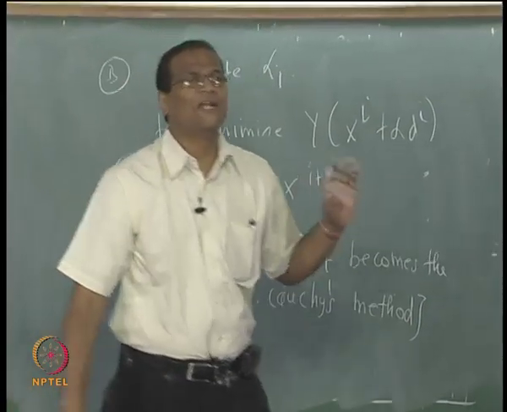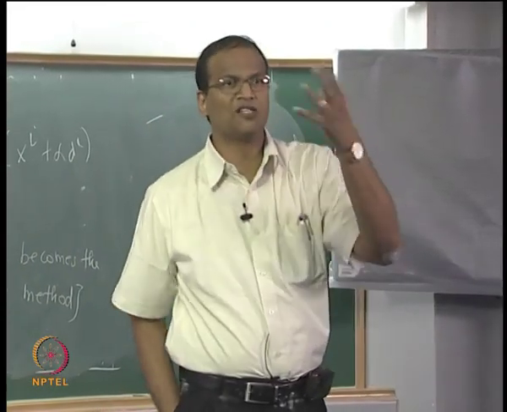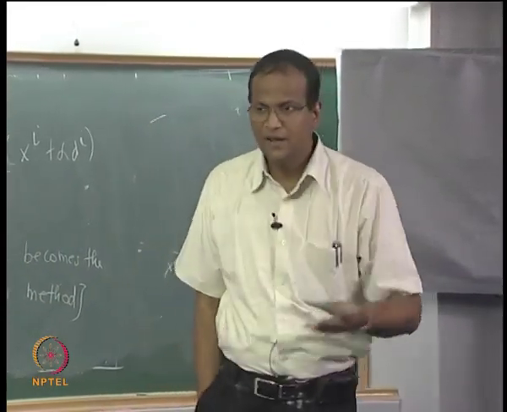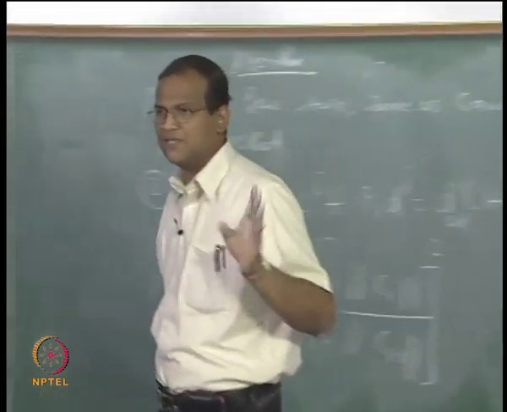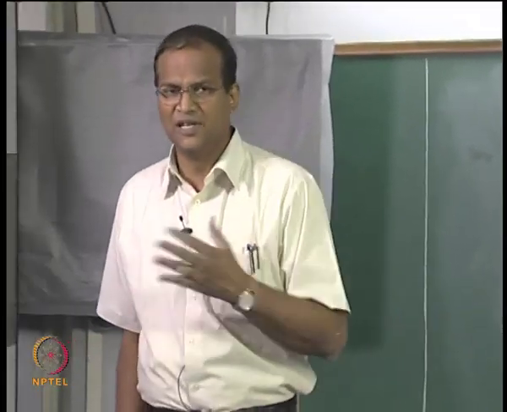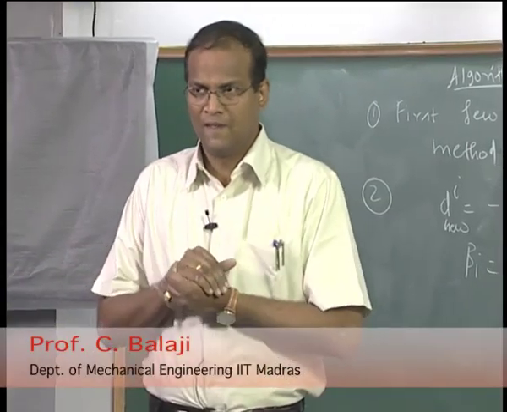There are rigorous mathematical proofs as to why the conjugate gradient method is quadratically convergent. I already told you what is quadratically convergent, right? So there are rigorous proofs available, people have written papers, they have demonstrated with test examples and so on. The conjugate gradient method is really one of the powerful methods, you can see that.